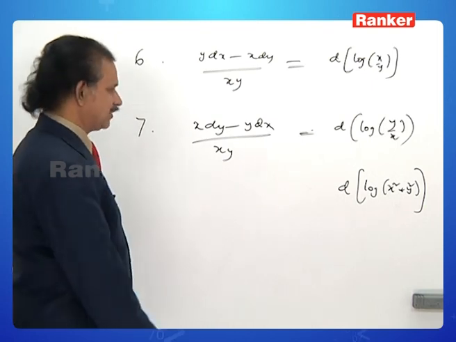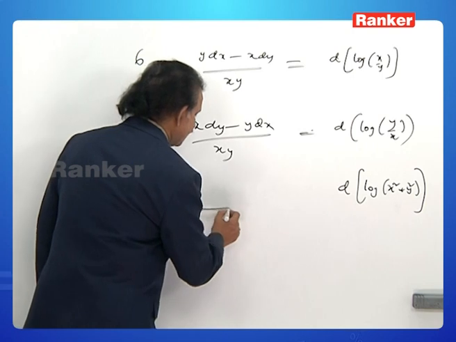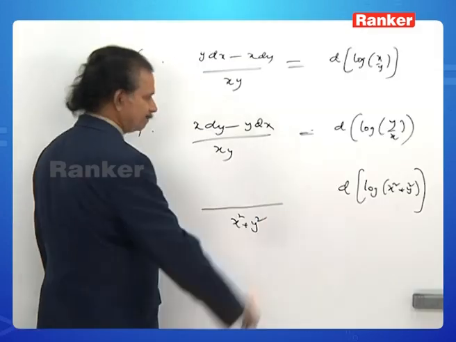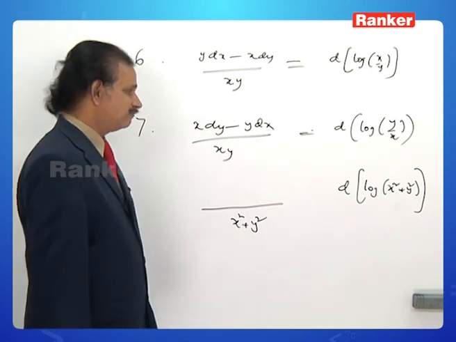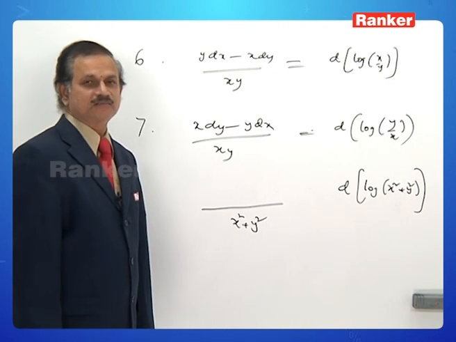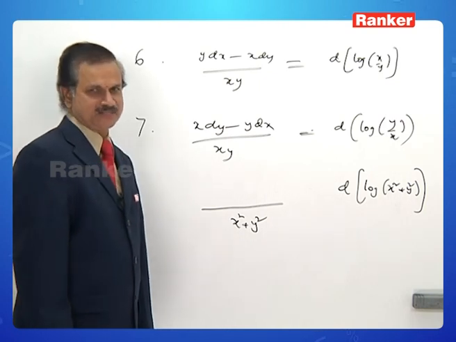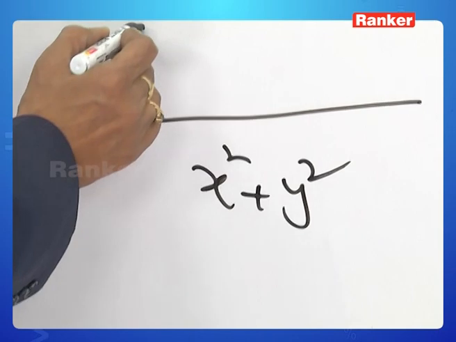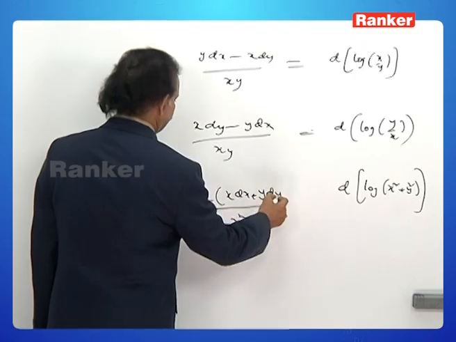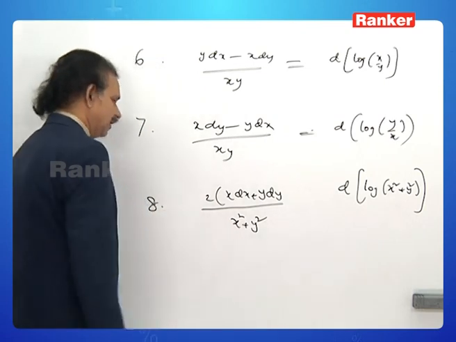Log of x square plus y square, so x square plus y square is compulsory in the denominator. And in the numerator, for x square plus y square, it is 2x dx plus 2y dy, isn't it? So it is 2 into x dx plus y dy. This is the 8th formula.